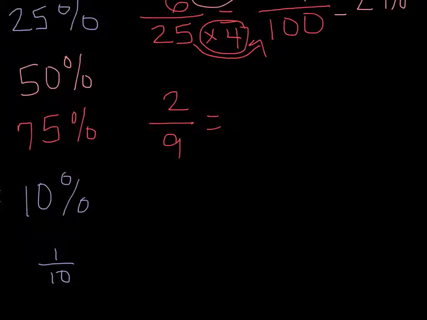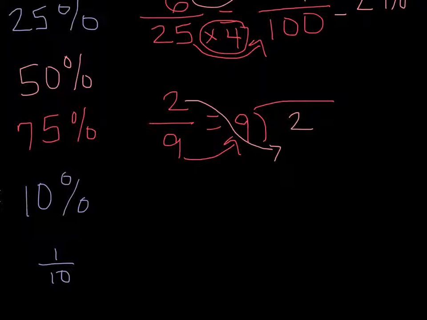So how do we take this fraction and make it a percent? Well, the easiest thing to do is to make it a decimal first by dividing. We always take our denominator as our divisor, and we take our numerator as our dividend.